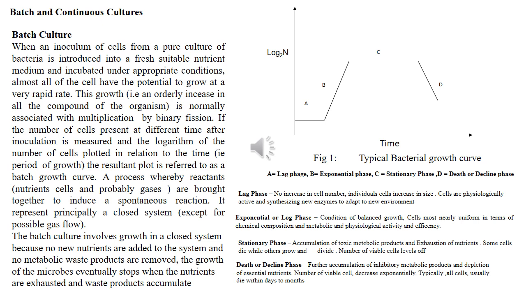This growth, which is an orderly increase in all the components of the organism, is associated with multiplication by binary fission. That is, a single cell will divide into two, and subsequently the two cells will divide again.